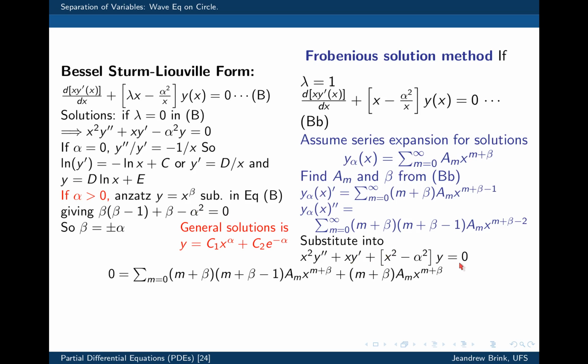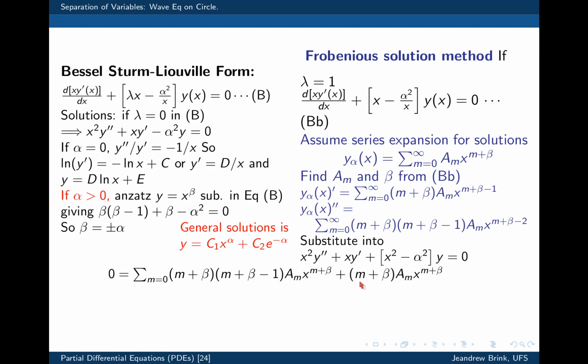Okay, so let's do it now. Here is this first term. The first term is just y double prime, which comes from there, times a_m times x to the m plus beta minus 2, multiplied by x squared, so it comes back in here.